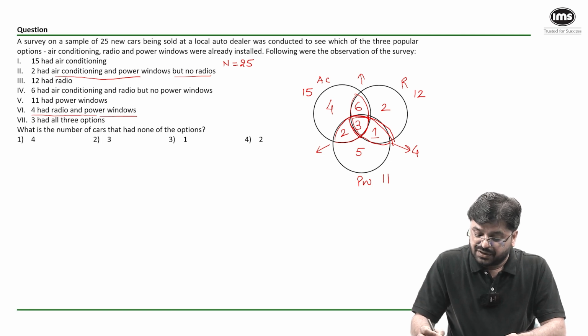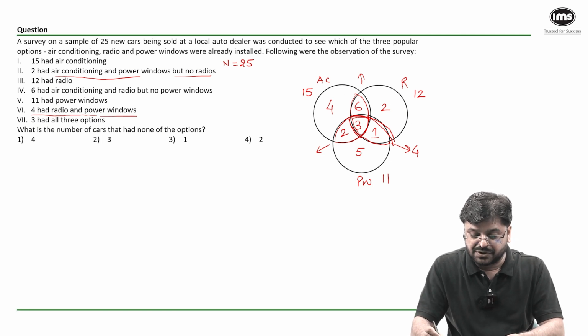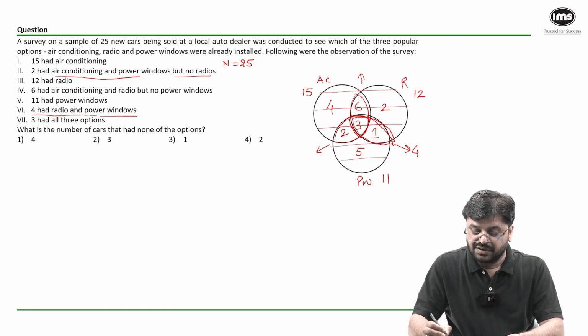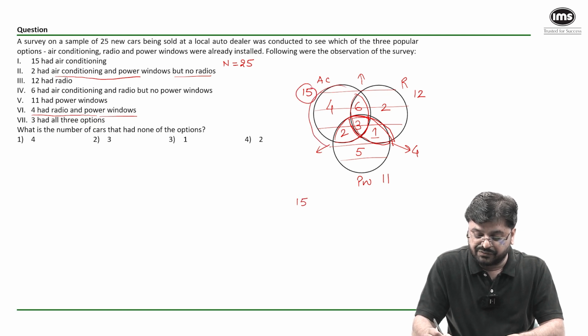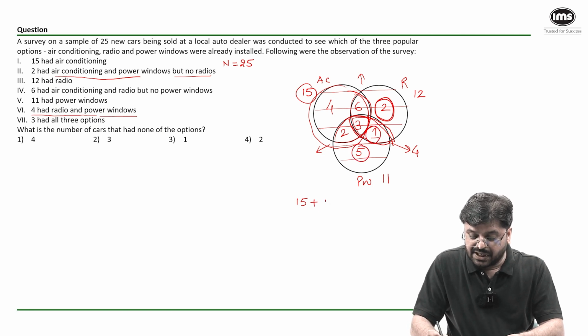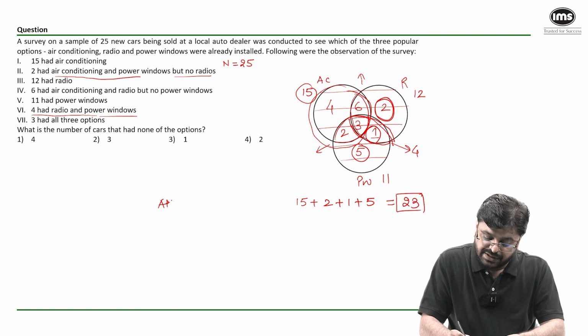So basically, the cars which have at least one of the 3 options are these cars. If we count this, A union B union C is equal to 15, that is AC, the sum of this circle, plus this, and this. So these cars will have at least one of the 3 features.